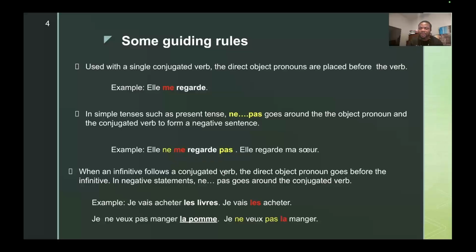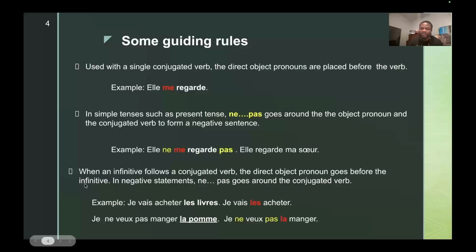This is ne and pas. Elle ne me regarde pas. So we have me regarde, the pronoun and the verb, and then the ne and pas goes around them, just after the subject. Elle ne me regarde pas. She is not looking at me. Elle regarde ma soeur. She's looking at my sister. So you can see what happens here.